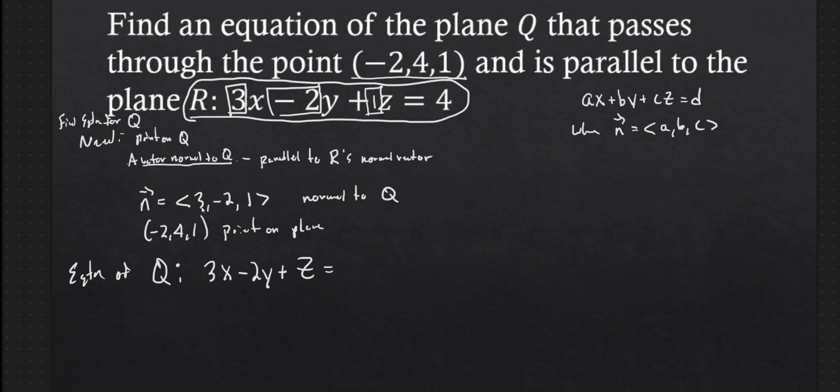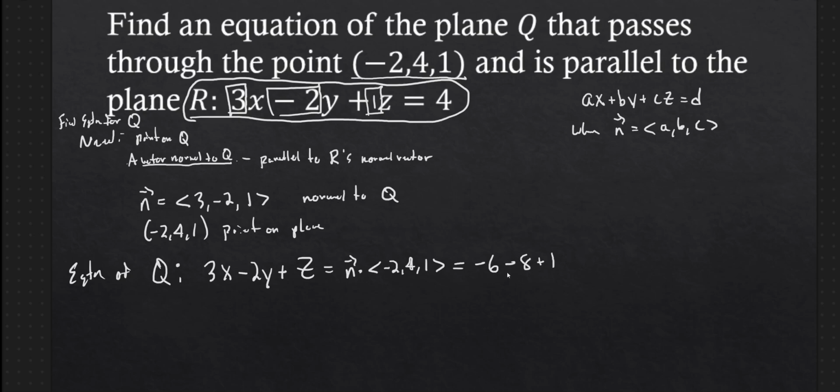And then I'm going to do n dot the position vector for this point. So I'll do n dot -2, 4, 1 is the other side of this. And so that is 3 times -2, that's -6. -2 times 4, so -8, plus 1 times 1.